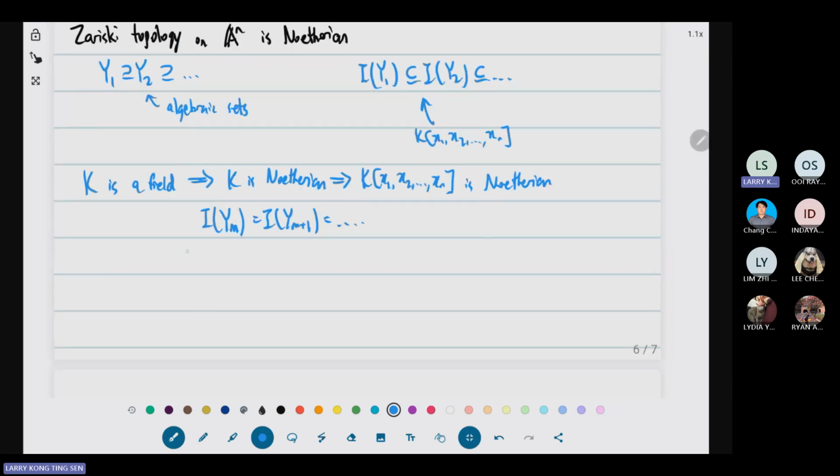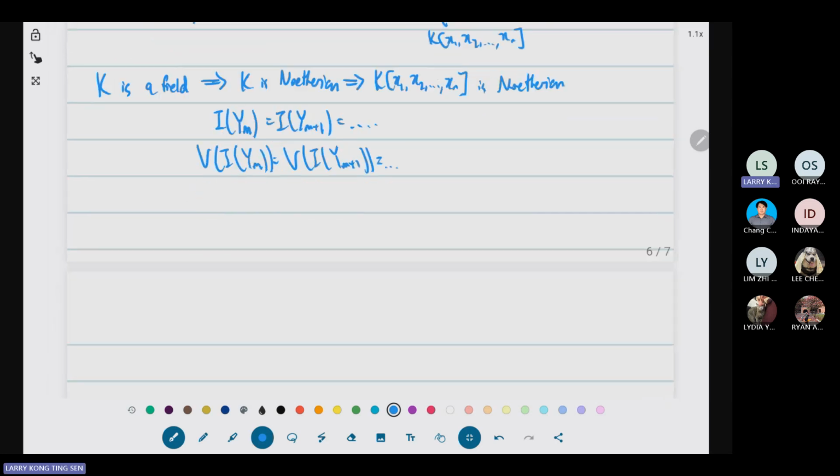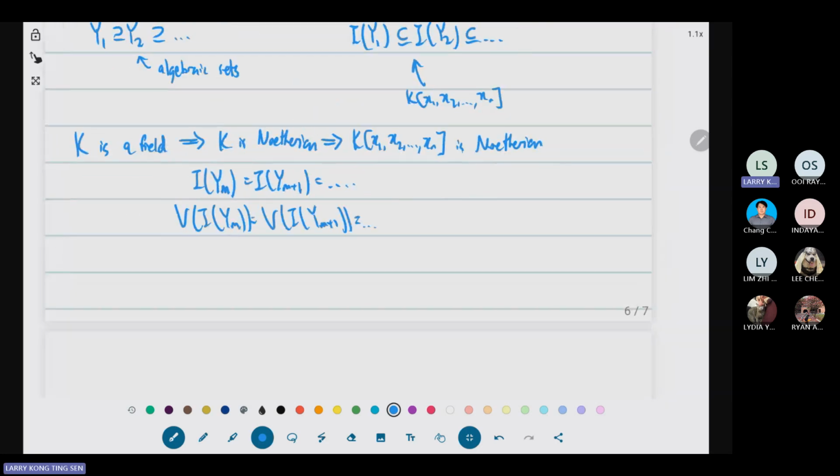And what we can do is take the zero sets of these, and since these Y_m are actually algebraic sets, we just undo it and get back this.